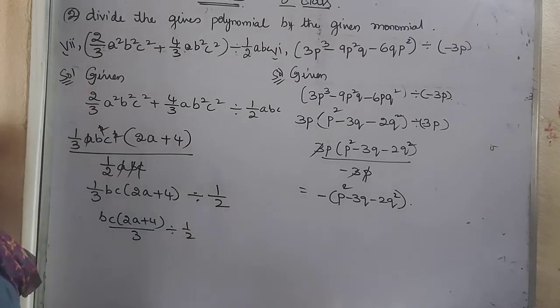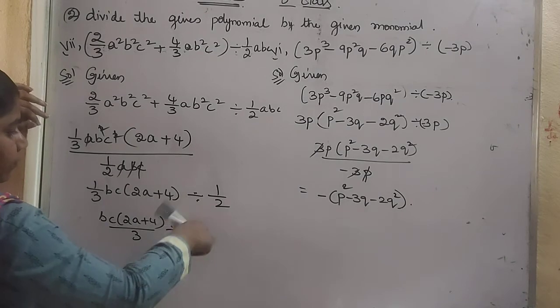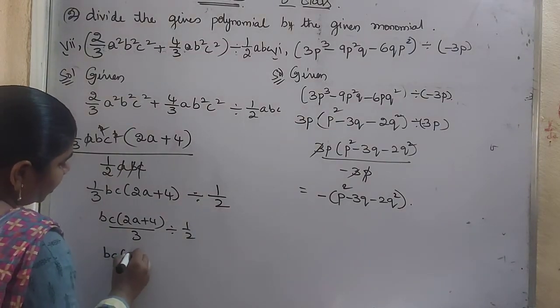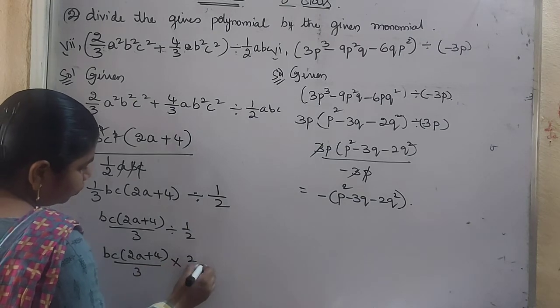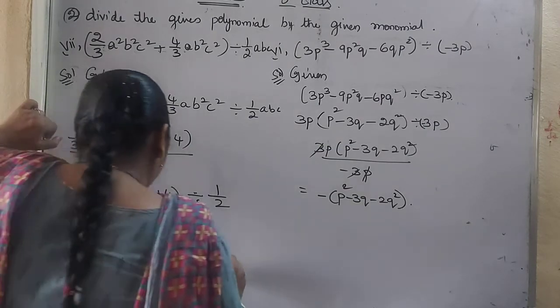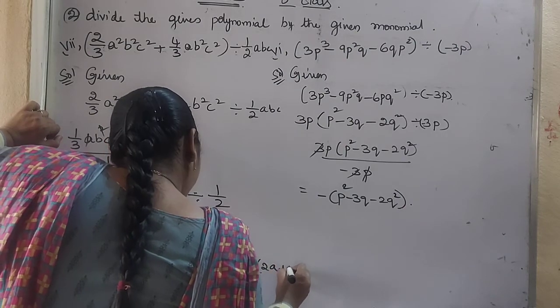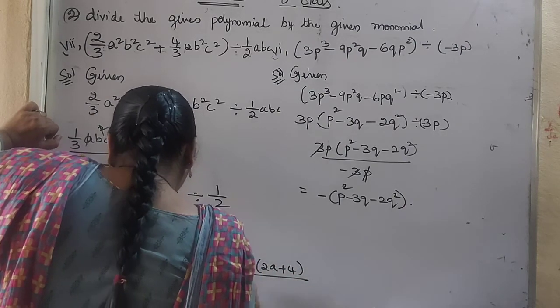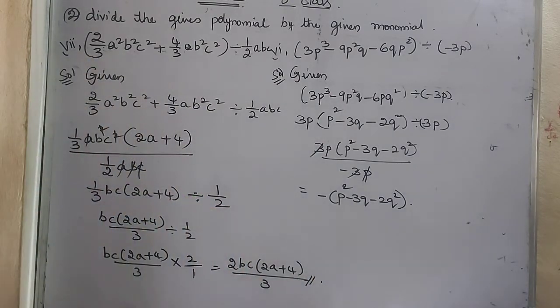Two rational numbers, how will you divide? Division will be converted to multiplication, and the second term will be the reciprocal. So bc into (2a plus 4) by 3 into 2 by 1. So we have to multiply. That will be 2bc (2a plus 4) by 3. So this is our final answer.